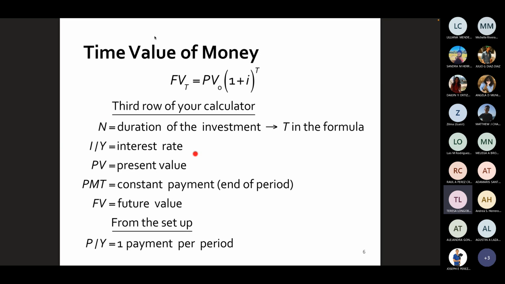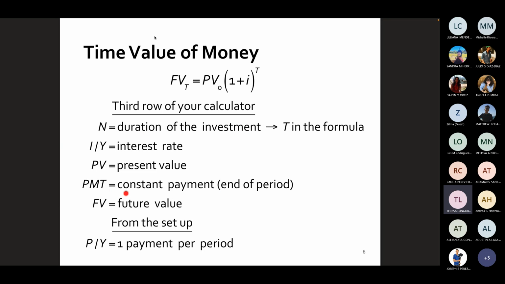The interest rate is I. PV is the present value or the principal amount. And notice that I put the subscripts. That's going to become relevant later when I use different points in time. But this is from today to the end of the duration of the investment.